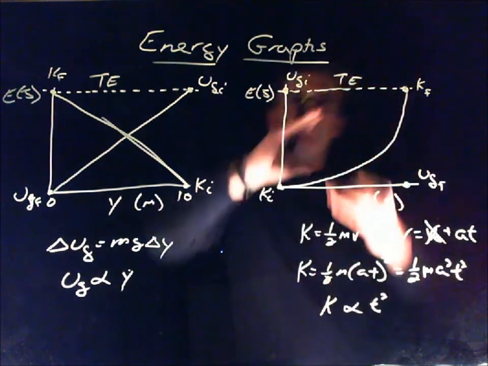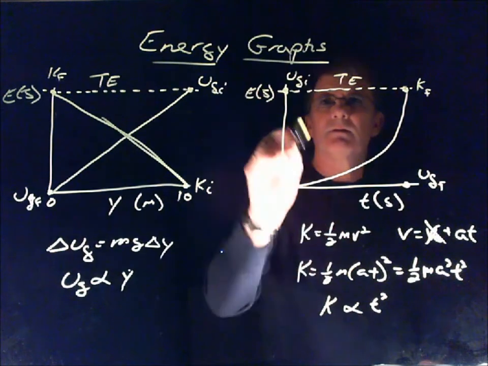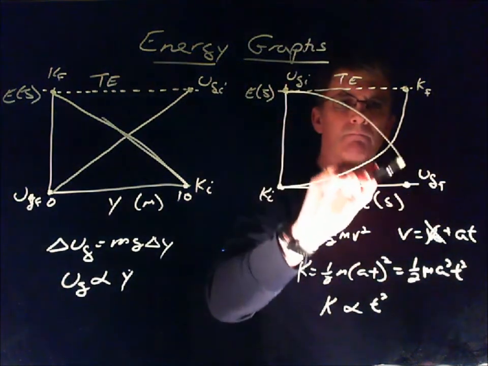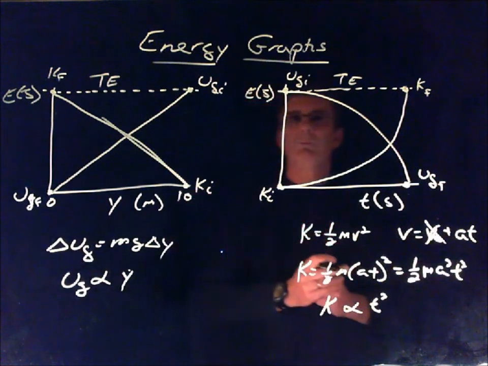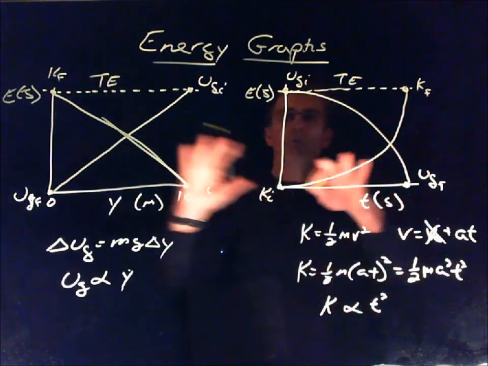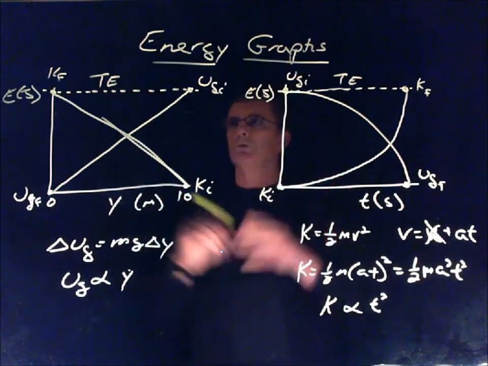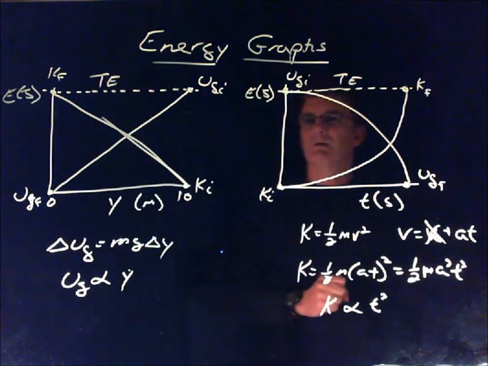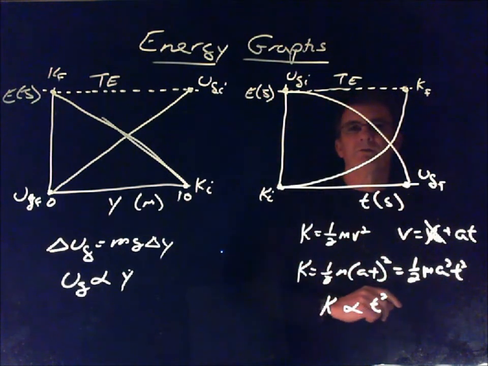So now my potential energy function is basically a flip of that. And so it's really important to keep in mind when we're looking at energy graphs which one we're looking at. Are we talking about energy as a function of position, or energy as a function of time?